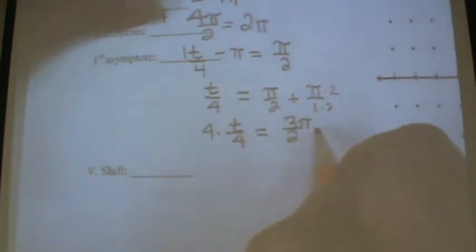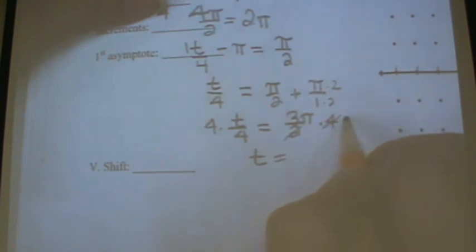Then what? Multiply by 4. And what's t equal to? 6 pi. So where is your first asymptote? 6 pi. So what you're going to do, just draw a vertical line like this.